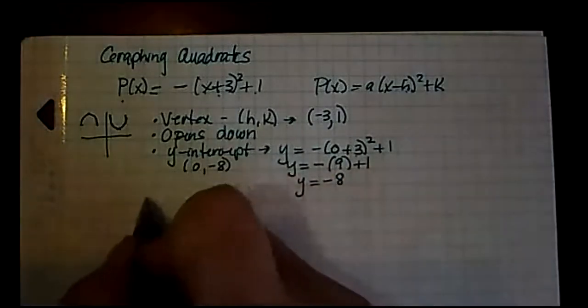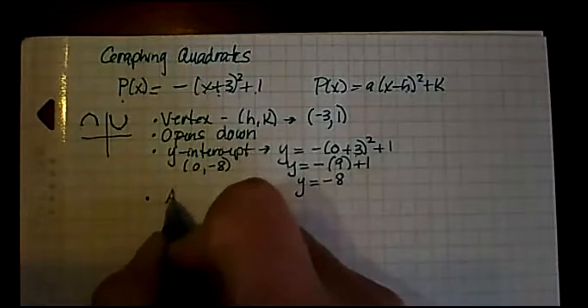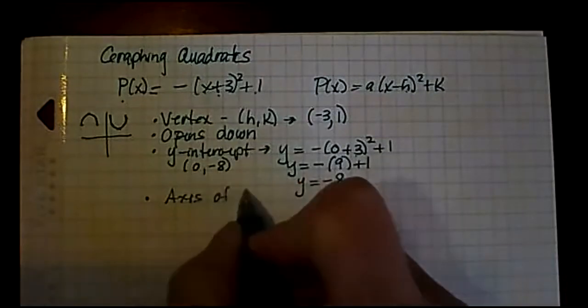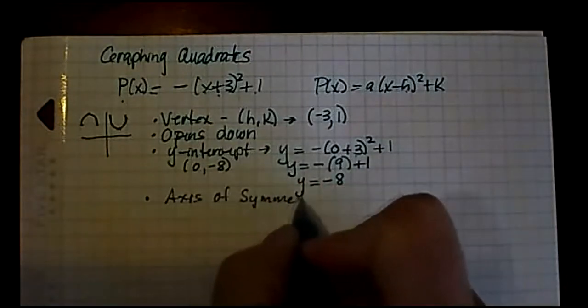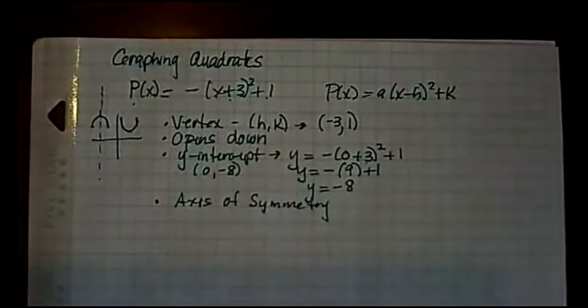All right, so the next thing we're going to find is the axis of symmetry. The axis of symmetry is always a vertical line that goes right through the center of your parabola. No matter how it opens, it goes straight down through. So the axis of symmetry is a line.